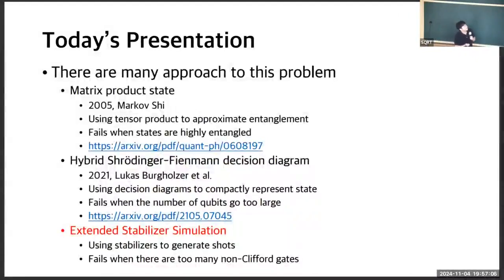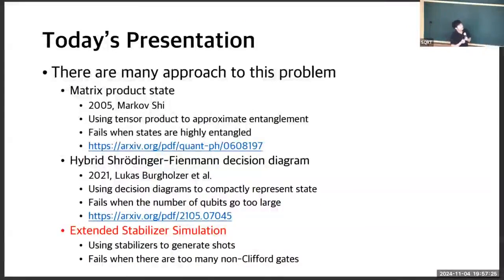Some approaches are like matrix product states, which is the most popular one, and this is from 2005. If you are interested, you can check it on arXiv.